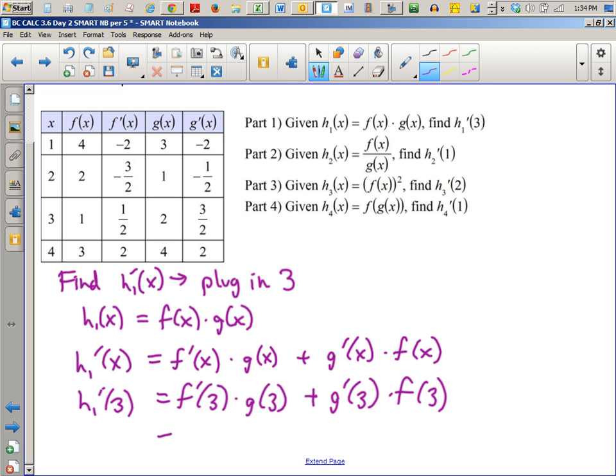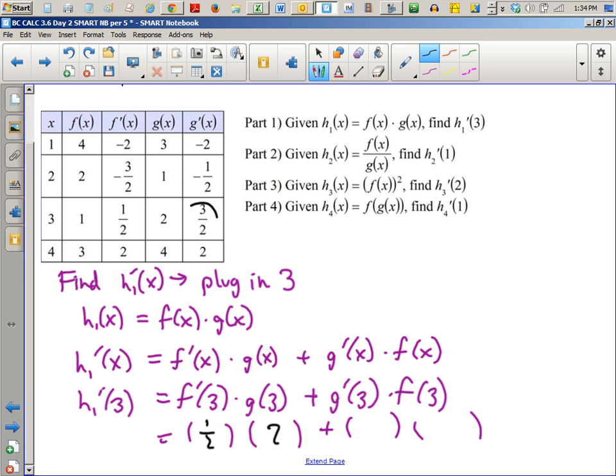Now this is a simple problem. Your table provides you with these 4 numbers. So let's make sure we can all read the table properly. We'll just do shout-out answers here. What is f prime of 3 according to the table? 1/2, right. And what is g of 3? Look in the fourth column, technically. It's right there, right? 2, okay. What is g prime of 3?